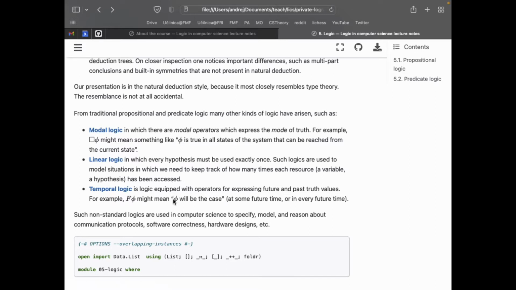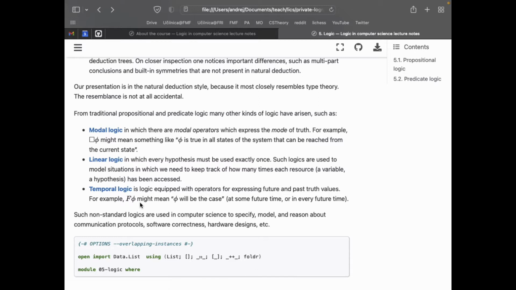Then of course there are things like temporal logic, where you want to speak about time, saying things like this condition will be true so long as the other condition is true, or whenever this condition becomes false, then something happens, things like that. And this again is obviously going to be useful for systems in computer science where you need to express properties in time.